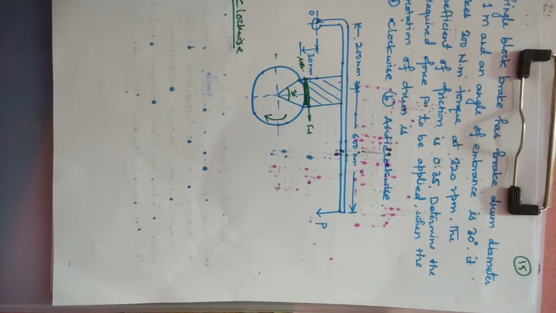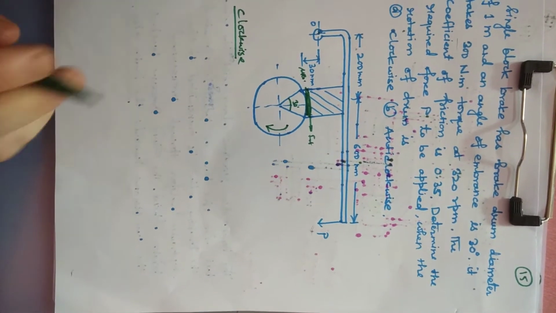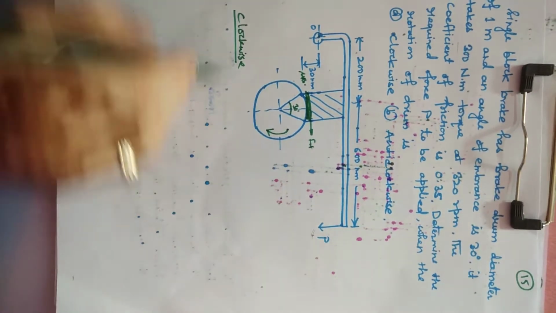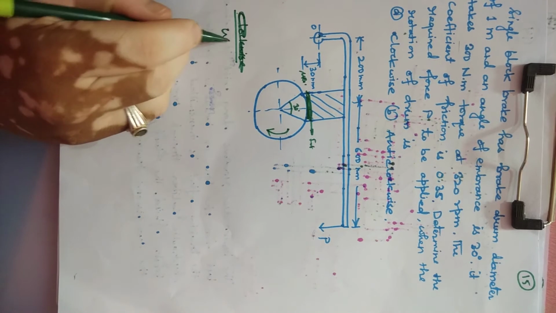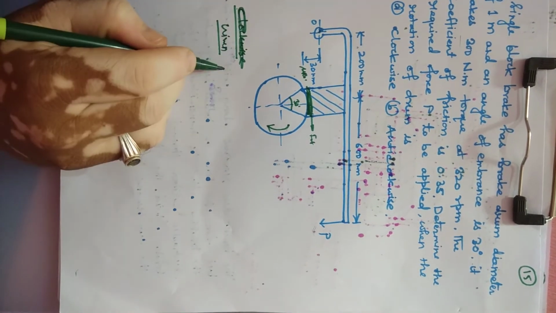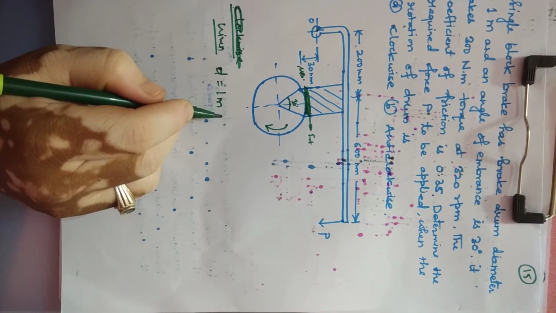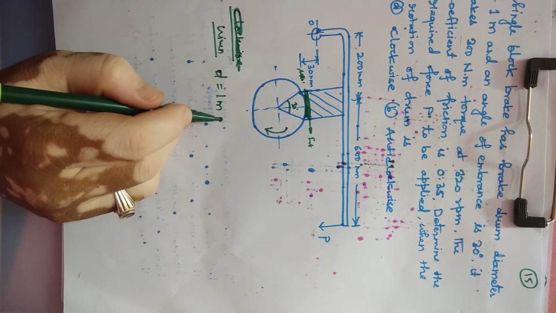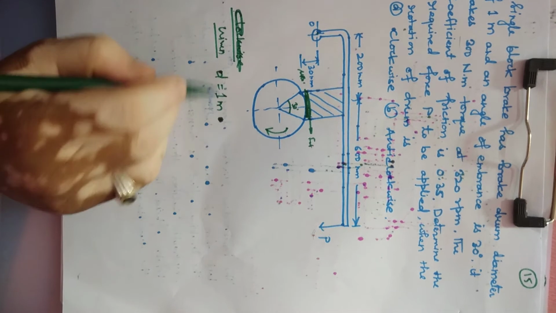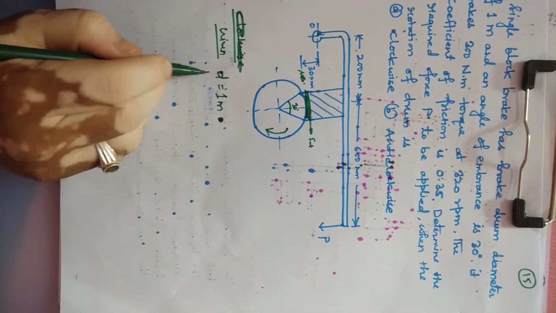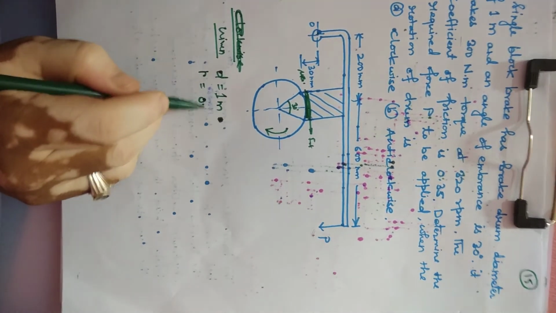Before going to clockwise or anti-clockwise, firstly we have to see the given data. Okay, so the given data is diameter D given as 1 meter, and radius will be 0.5 meter.